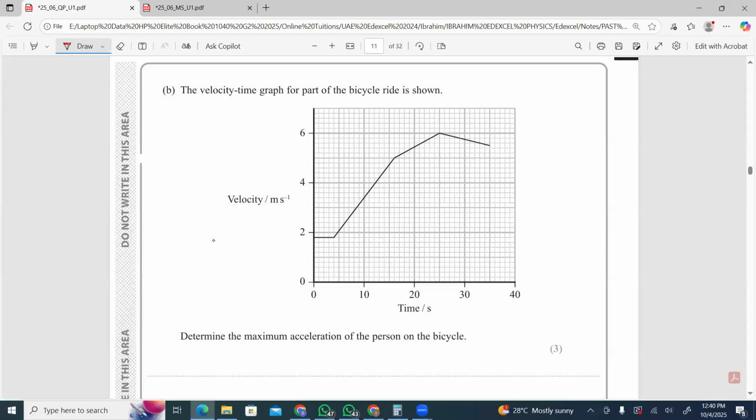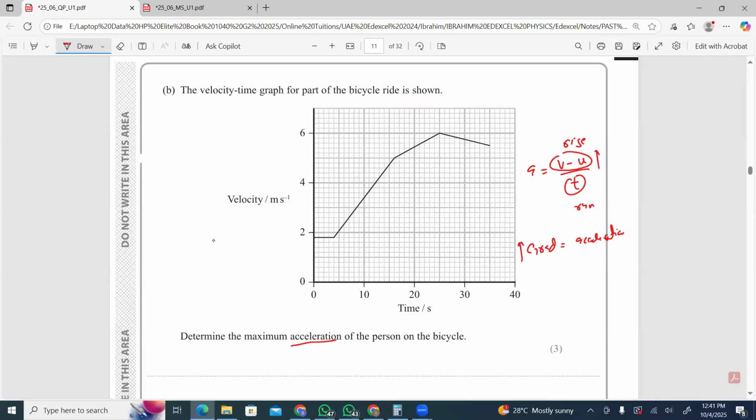The velocity time graph for the part of the bicycle ride is shown. Determine the maximum acceleration. Acceleration is final velocity minus initial velocity over time. So this is your rise and this is your run. The gradient of this graph is acceleration. If the gradient is high, the acceleration is high too.